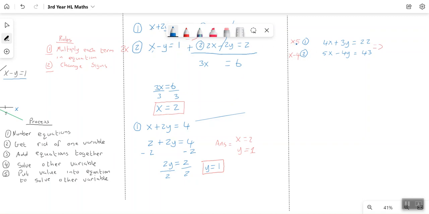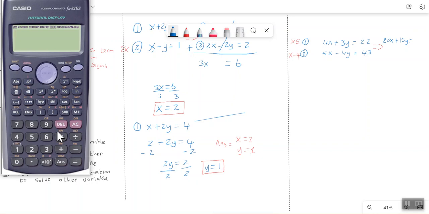So 5 multiplied by 4x gives me 20x. 5 multiplied by plus 3y gives me plus 15y is equal to, and then 5 multiplied by 22 is equal to 110. Okay, so that would be 110.